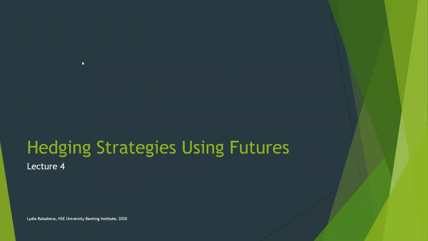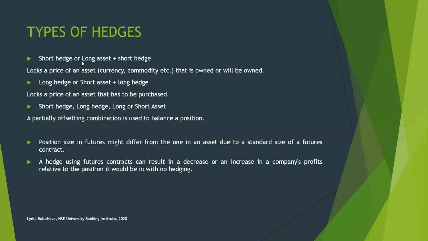So today we're going to talk about hedging strategies using futures. First of all, let's talk about types of hedges that can be constructed with the use of futures. First, we can have a short hedge.